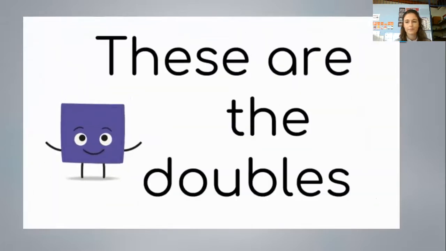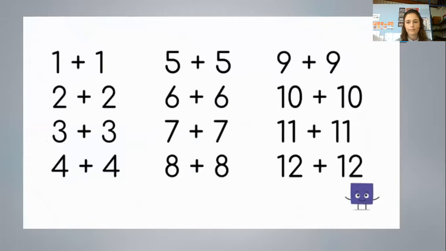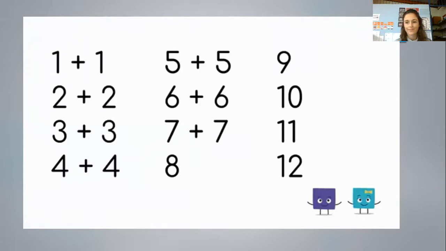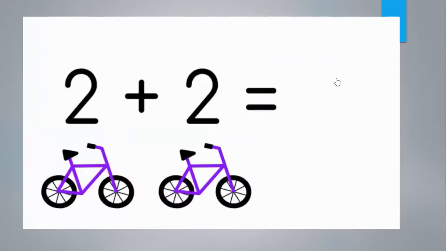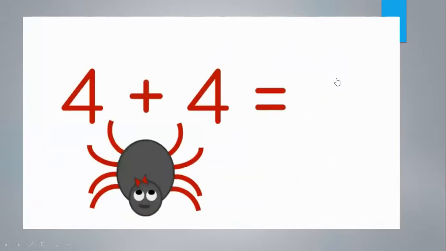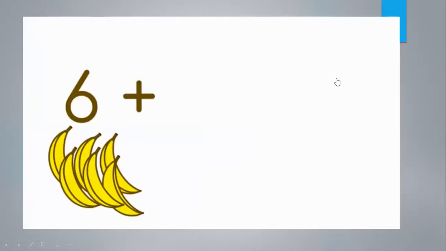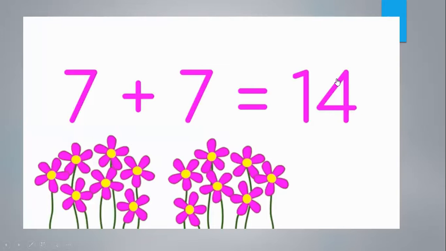These are the doubles, 1 through 12. We're adding numbers to themselves. 1 plus 1 is 2. 2 plus 2 is 4. 3 plus 3 is 6. 4 plus 4 is 8. 5 plus 5 is 10, my friend. 6 plus 6 is 12. 7 and 7 make 14.